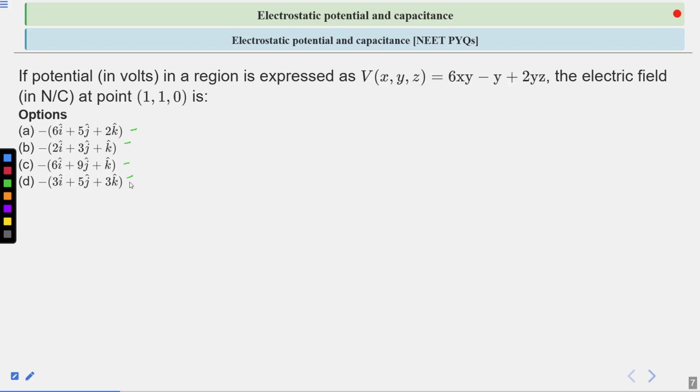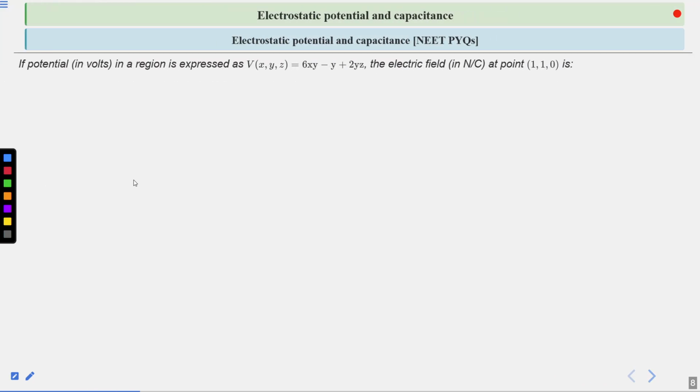I will give you some time to think about it. So the answer is option A, minus in bracket 6 i cap plus 5 j cap plus 2 k cap.